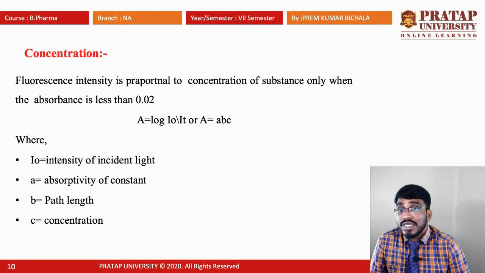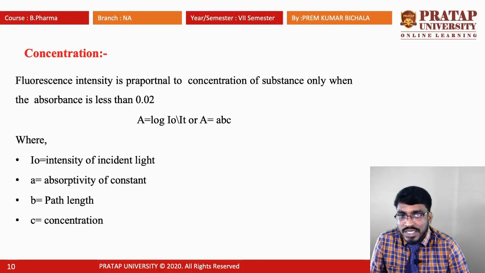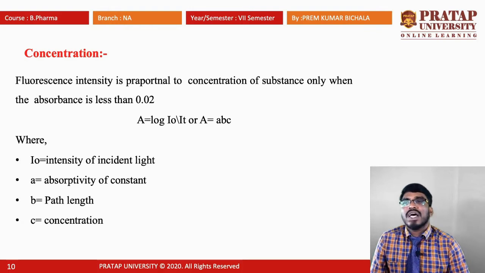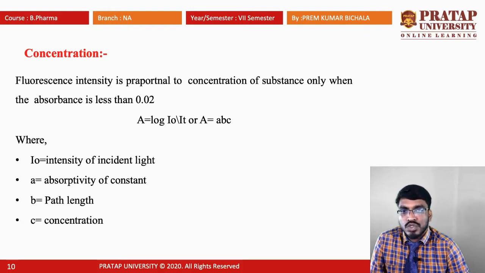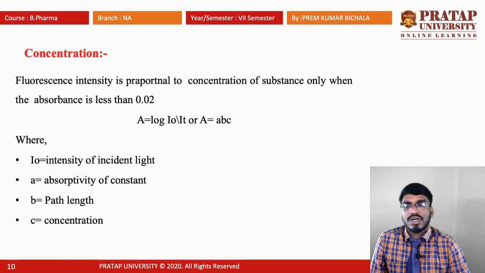The fluorescent intensity is proportional to the concentration of the substance only when the absorption is less than 0.02. According to Beer-Lambert's law, the absorbance, like our fluorescence, should be directly proportional to the concentration of the sample.